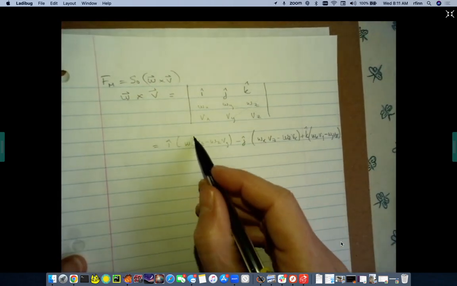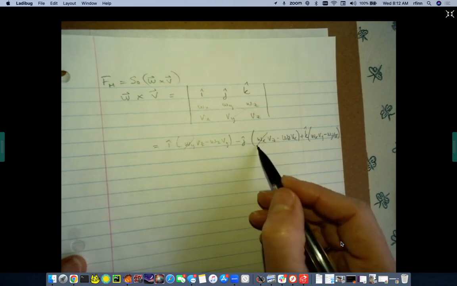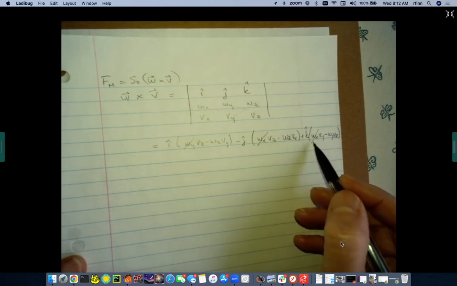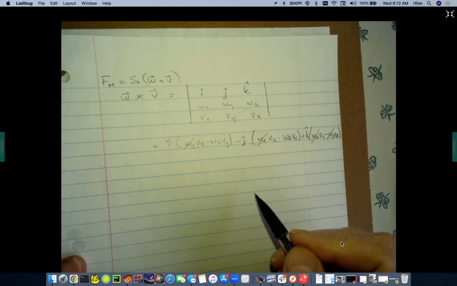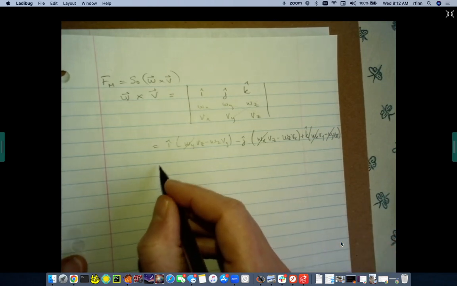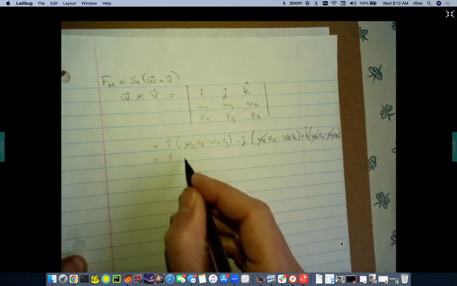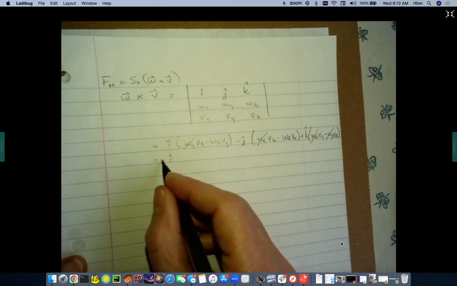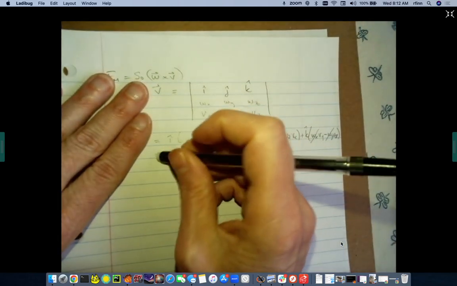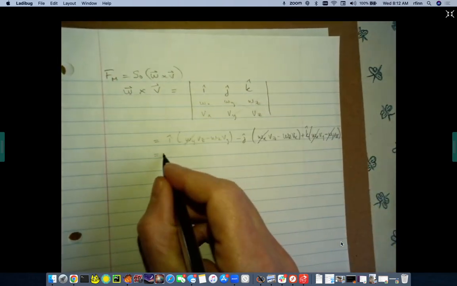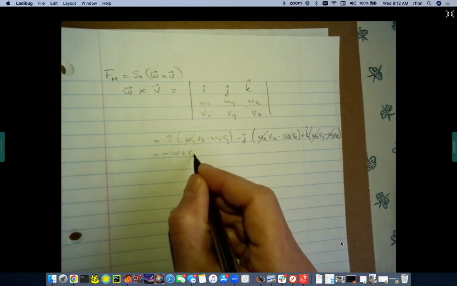Okay, so omega y goes away, omega x goes away. What we're left with is, in the I hat direction, negative omega z Vy I hat.